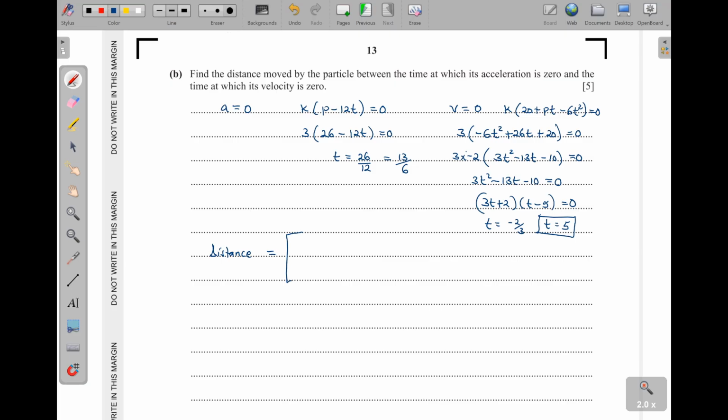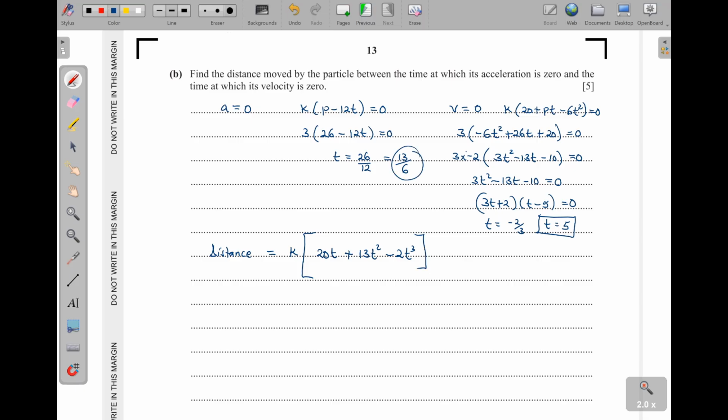So I'll just put this, and since k was outside, I can leave it outside here. Then 20t, then plus, remember we had pt squared over 2, and p is 26, so divided by 2, that is 13t squared, then minus 2t cubed. Then we shall put these limits.